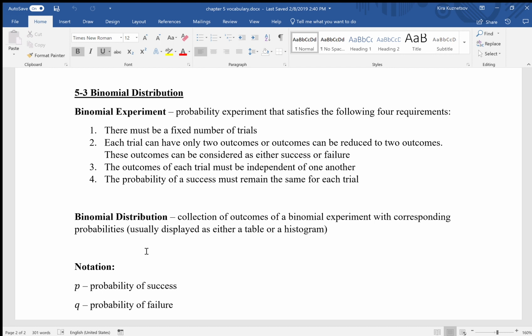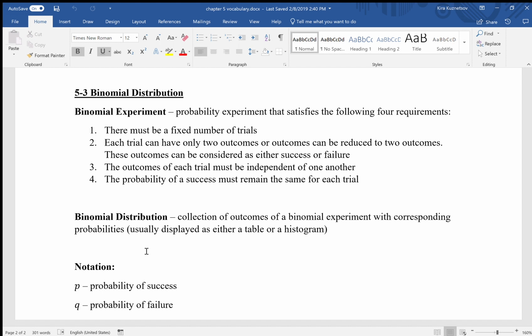So binomial distribution is a discrete distribution, and it can be displayed in similar ways that we discussed in 5-1 and 5-2. So you can either write it down in a table where you have all of the x's and all of their corresponding probabilities written in the table.